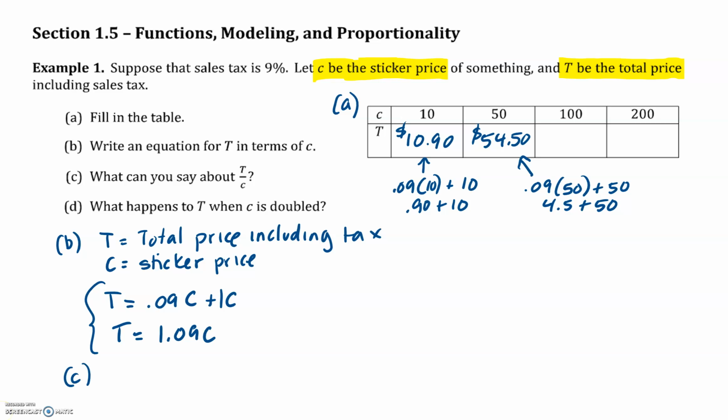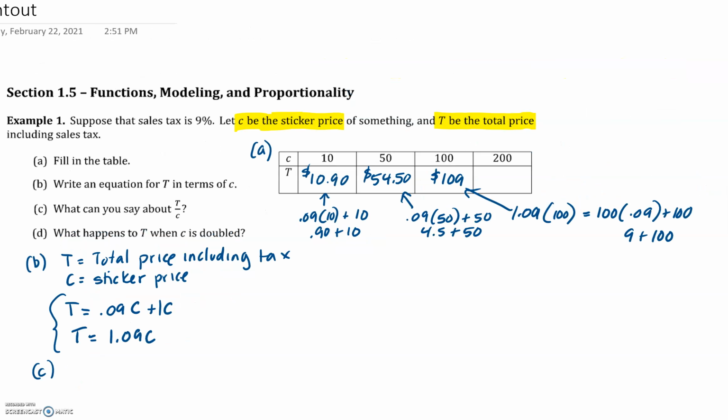So you can do these in another way. You could take $100. To find this one, we could take 1.09 times $100, and we get $109, which by the way is the same thing. If you took 0.09 times 100, it'd be $9 plus that 100. 9 plus 100 is still 109.